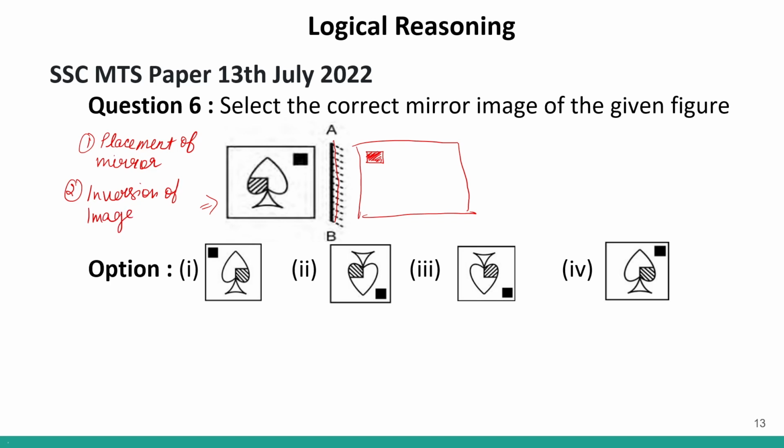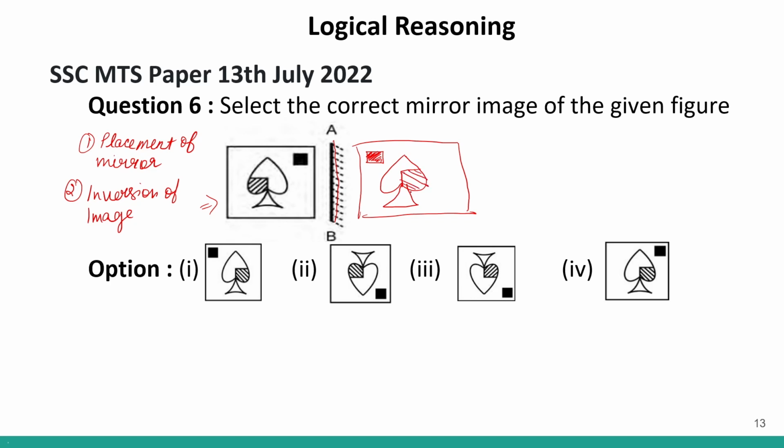Correct? So this will be over here. This heart will look like this and then we'll have something like this. And this will be highlighted over here. And it will be shaded like this. Or actually in the opposite direction. Sorry. This will be shaded like this.